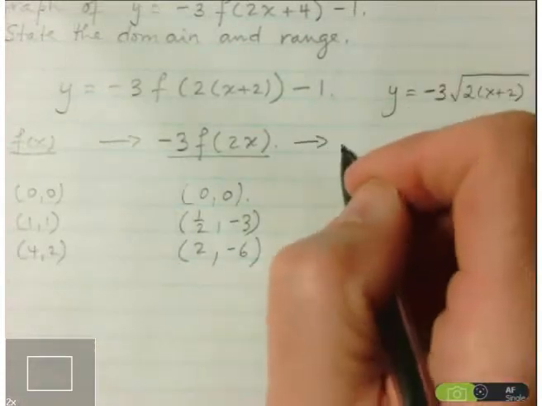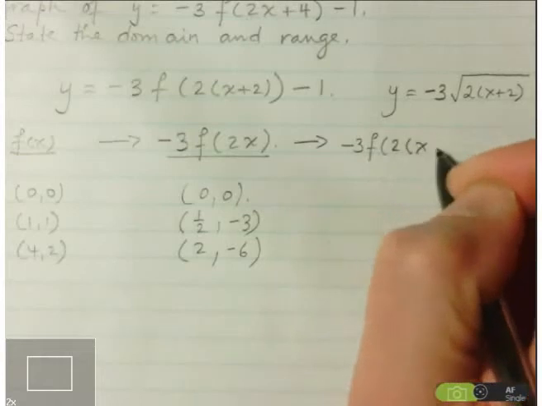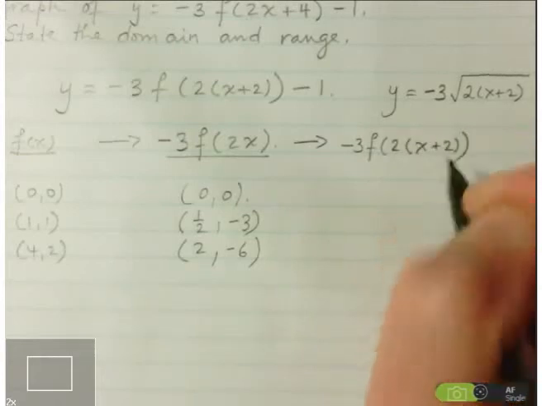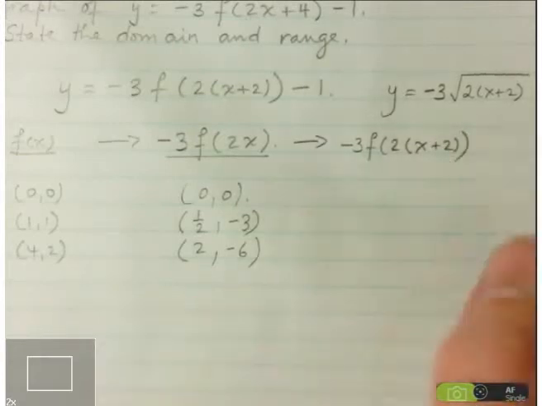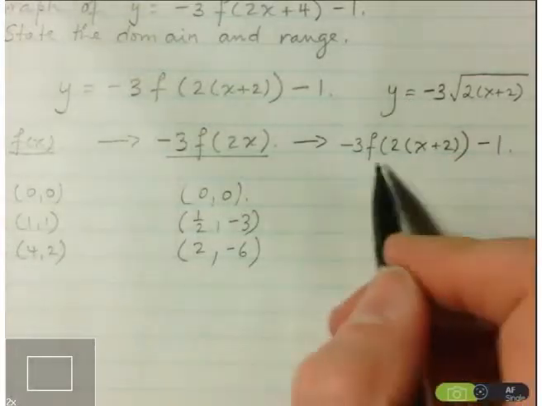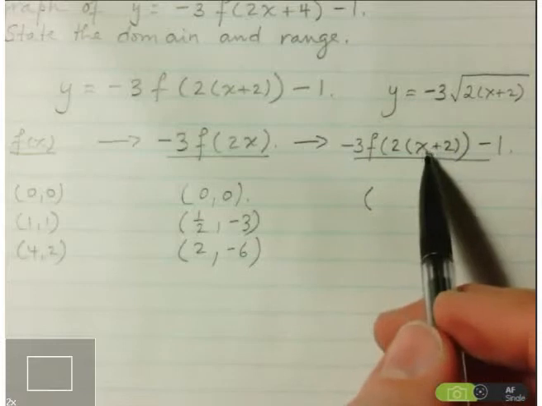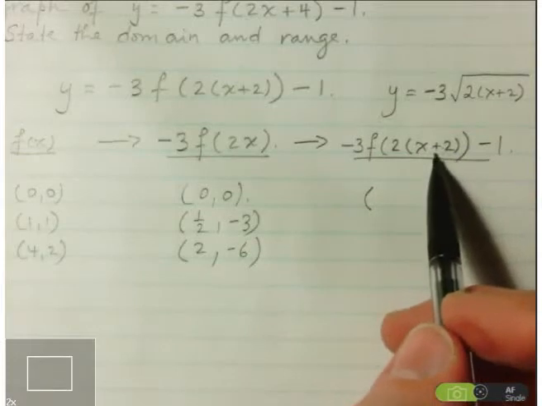So I'll add those in. So -3, so multiplied by 2, but now we're adding in our additive translation here and our vertical one there. Okay, so again, opposite effect. Here if we have x plus 2, the effect is opposite on the x value.